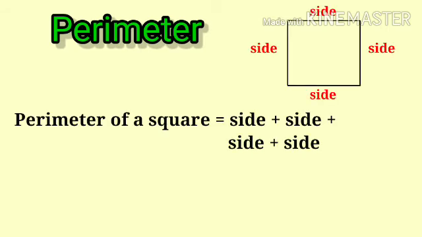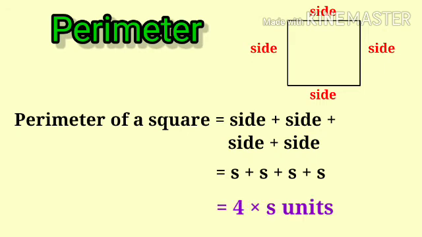That is, perimeter of a square is equal to side plus side plus side plus side, which equals S plus S plus S plus S. It can be written as 4 into S. That is, perimeter of a square is equal to 4 into S units.